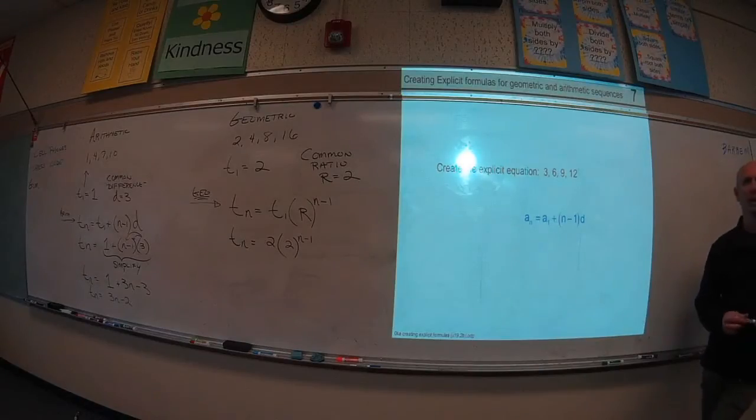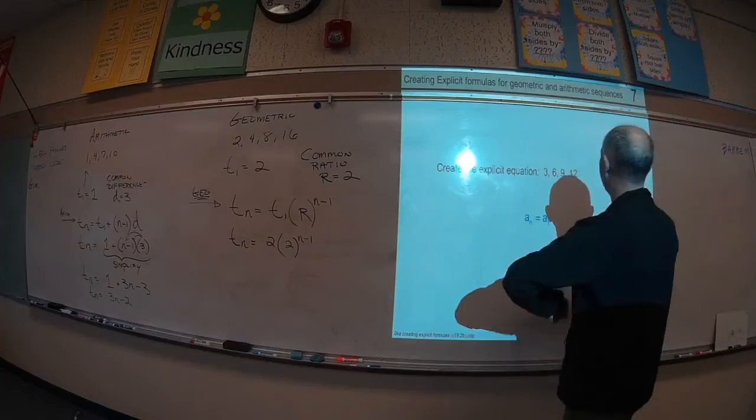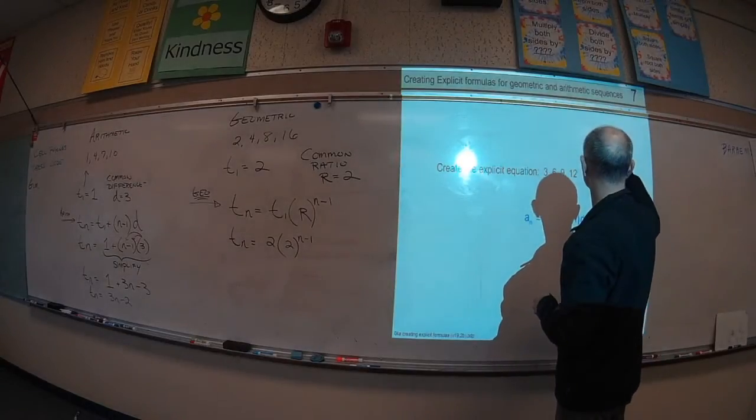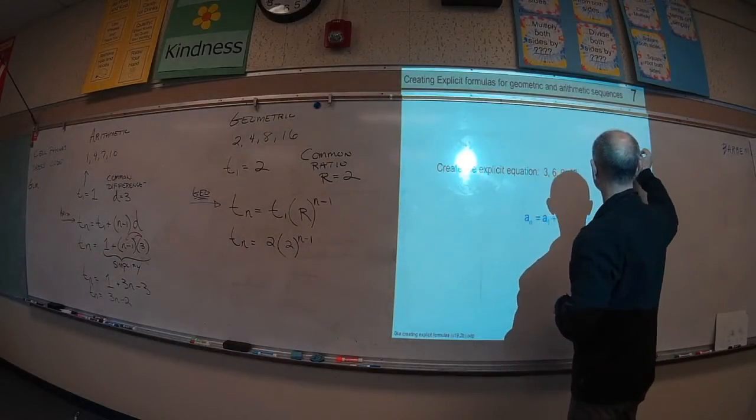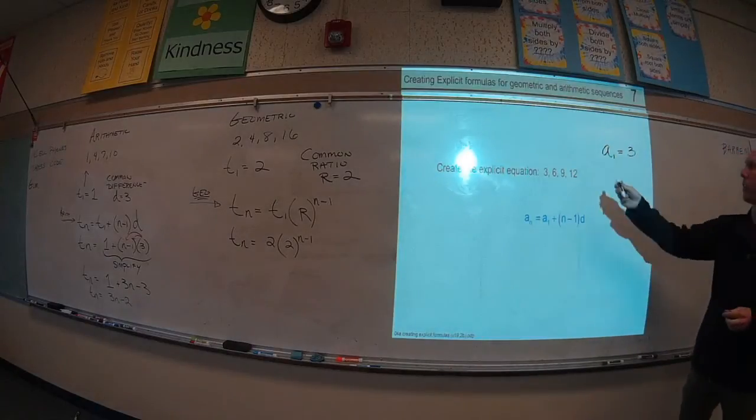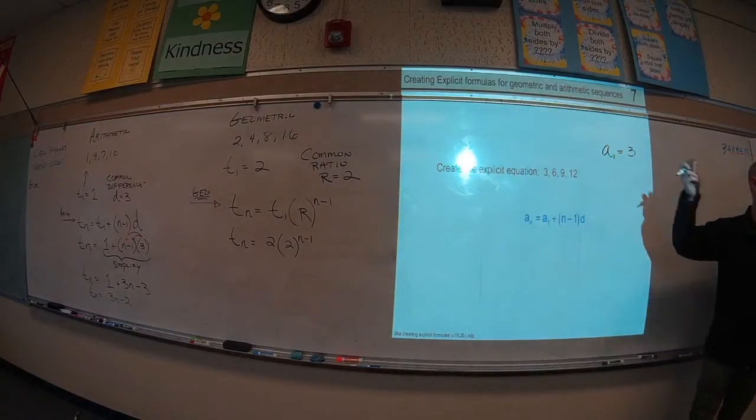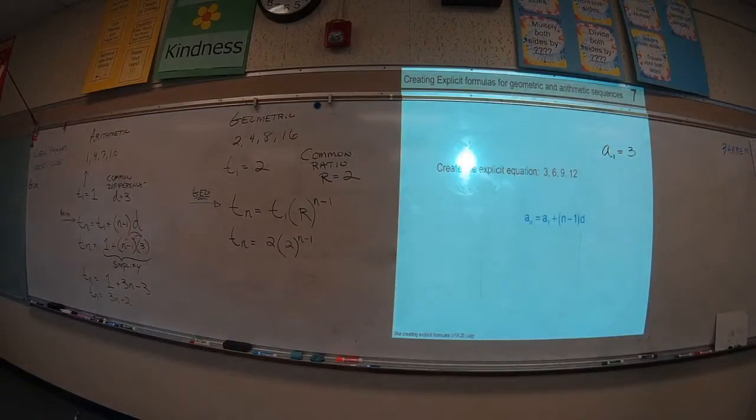The value of the first term is 3. In this case, I'm using a sub 1 as opposed to t sub 1. It's all the same stuff. On your whiteboard, I want one number. What is the common difference?